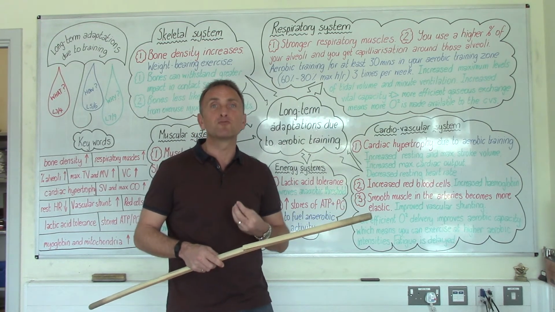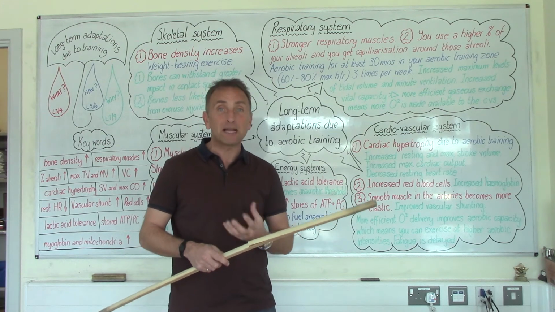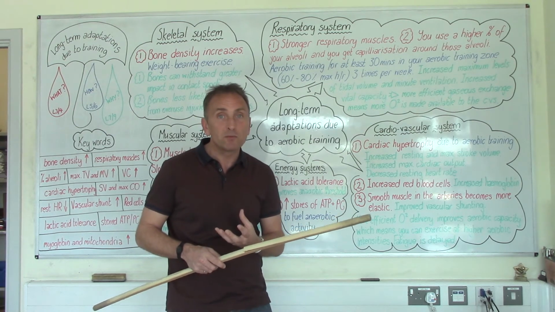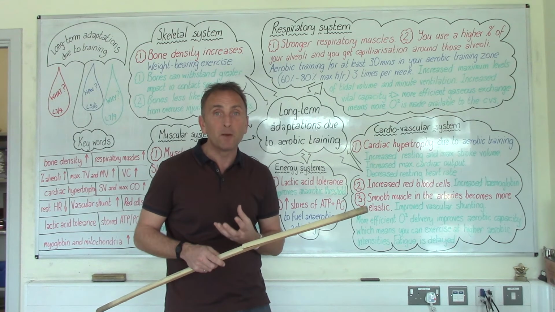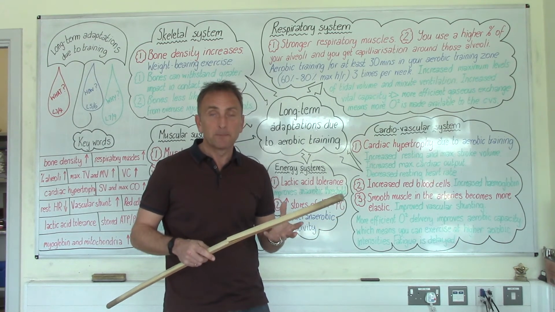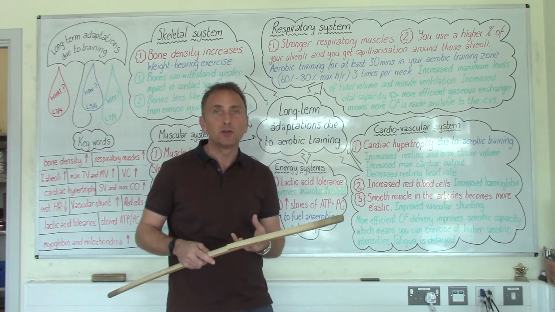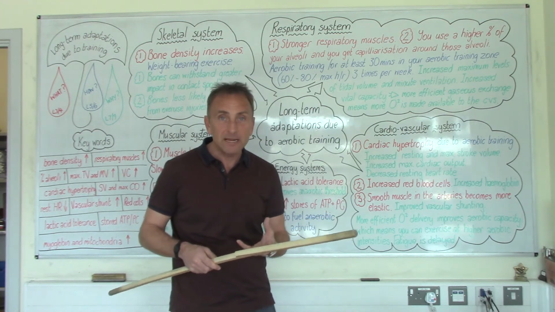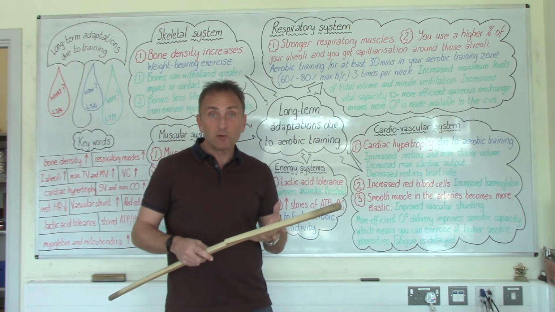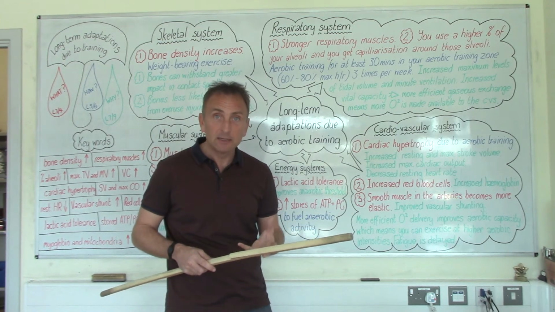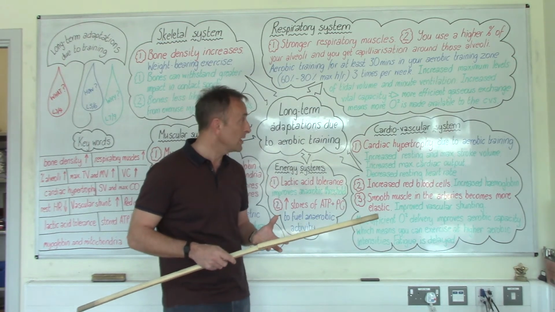It means that your resting stroke volume and your maximum stroke volume, the amount of blood you pump out per beat, will both increase. That means your maximum cardiac output, the maximum amount of blood you can transport per minute, will increase. It means your resting heart rate can decrease, which is great for our overall health.